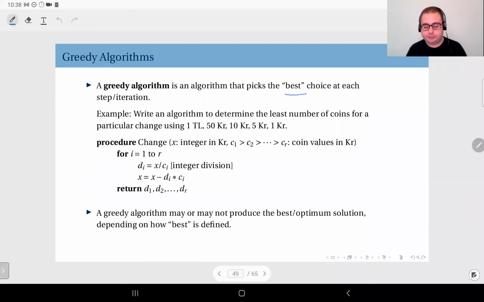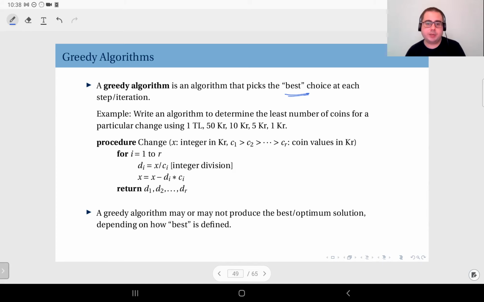Now, the best is in quotes here because what is the best choice? It has to be defined specifically for every problem. I cannot give a very generic definition here, but the best means at that iteration or at that step, the best choice you can find.